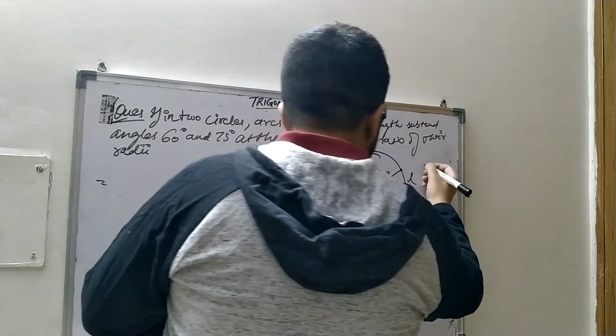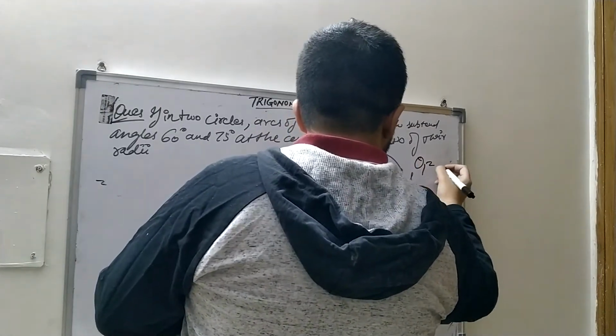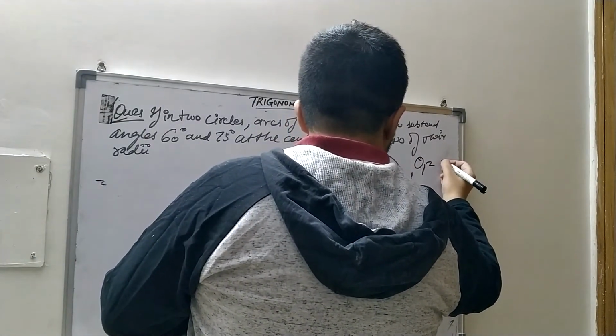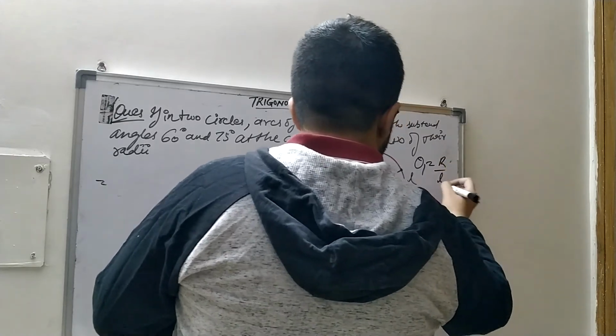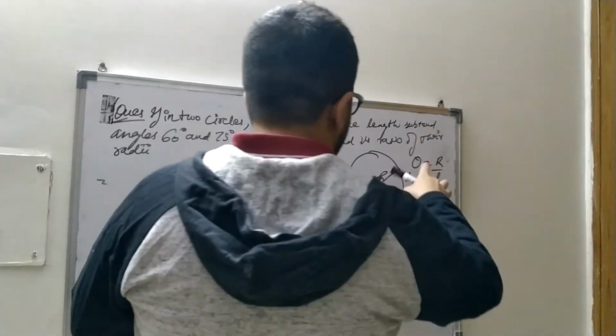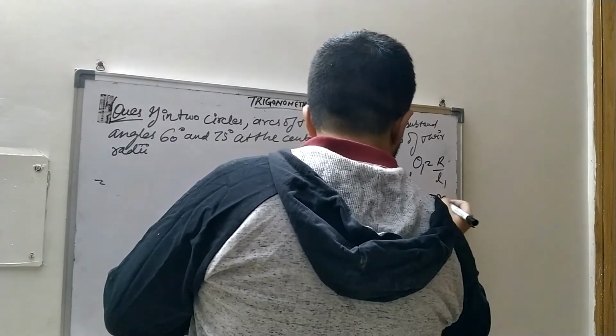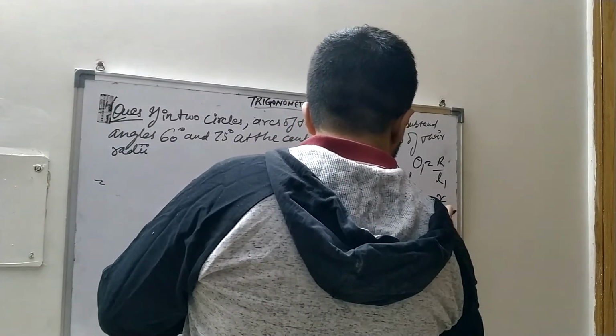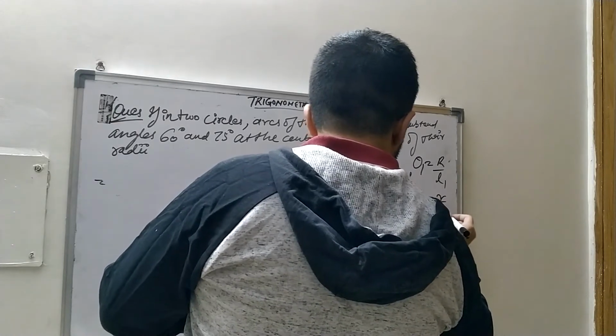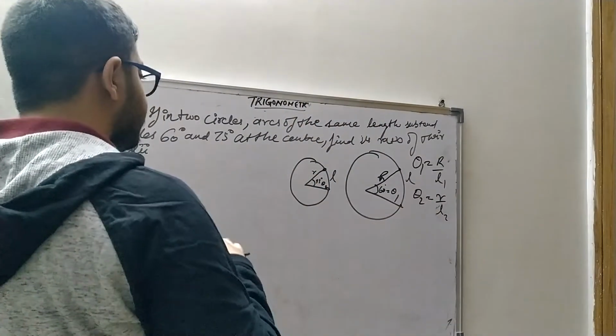So here theta 1 will be capital R by L1, and theta 2 will be R upon L2.